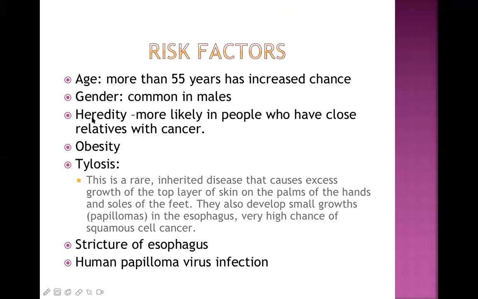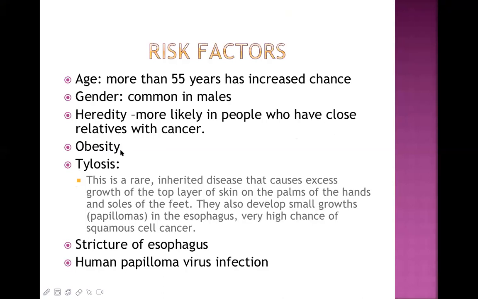Now regarding the hereditary factor, it is more likely in those people who have close relatives with cancer. So it may run in the family. So we need to take a good family history. And inside the family, if a person is already having esophageal cancer, the others can also have it.